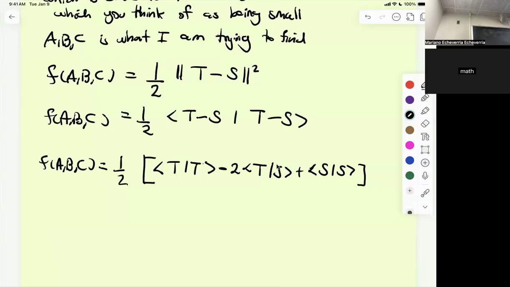Now, again, T is known, right? So really, the first term doesn't depend on S. You don't care about it, because you're trying to minimize the distance.